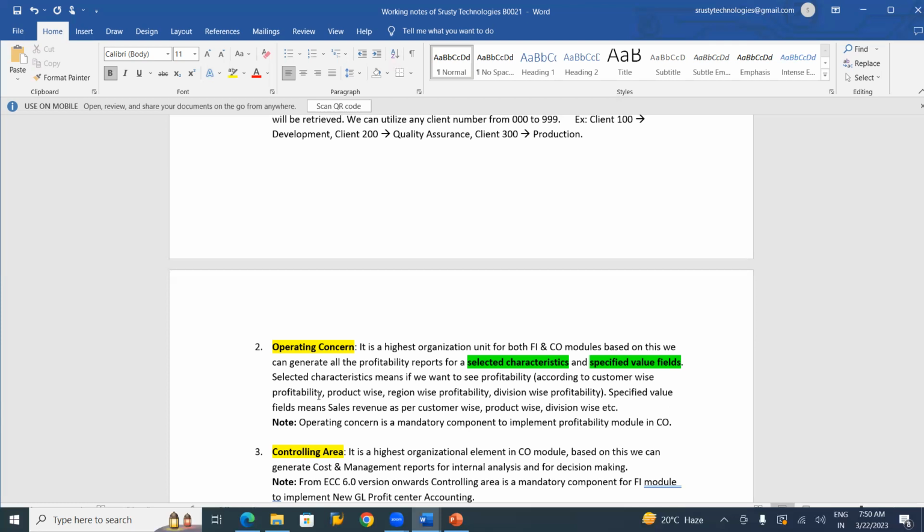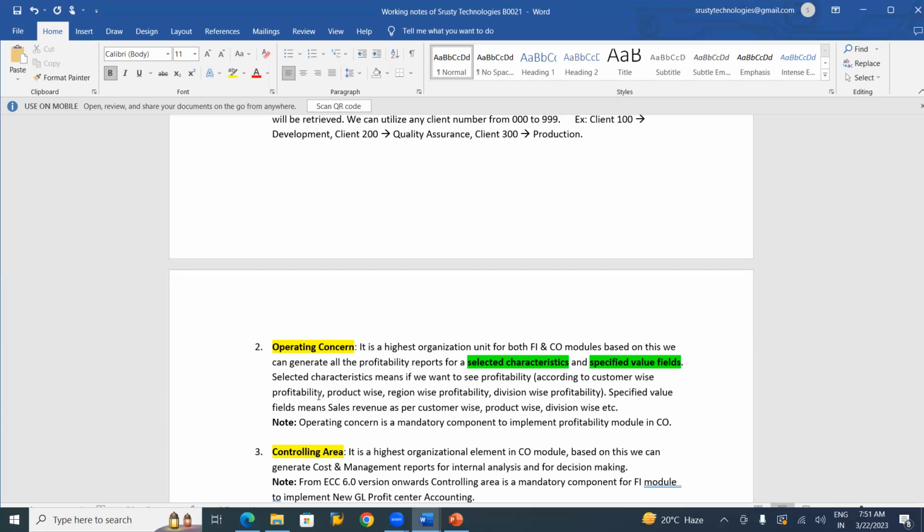If I want to generate a report customer-wise, okay, next one, product-wise, that is nothing but your segment, region-wise or division-wise, branch-wise. This is called selected characteristics.